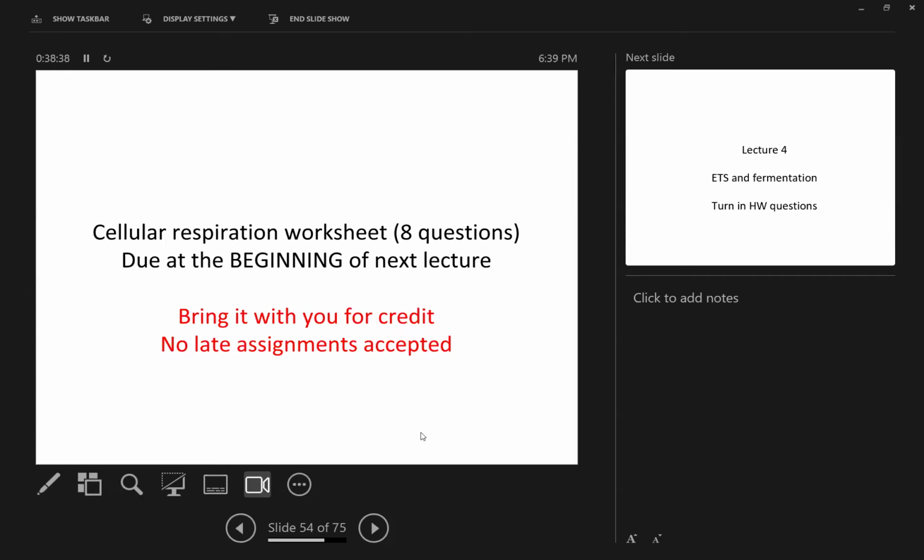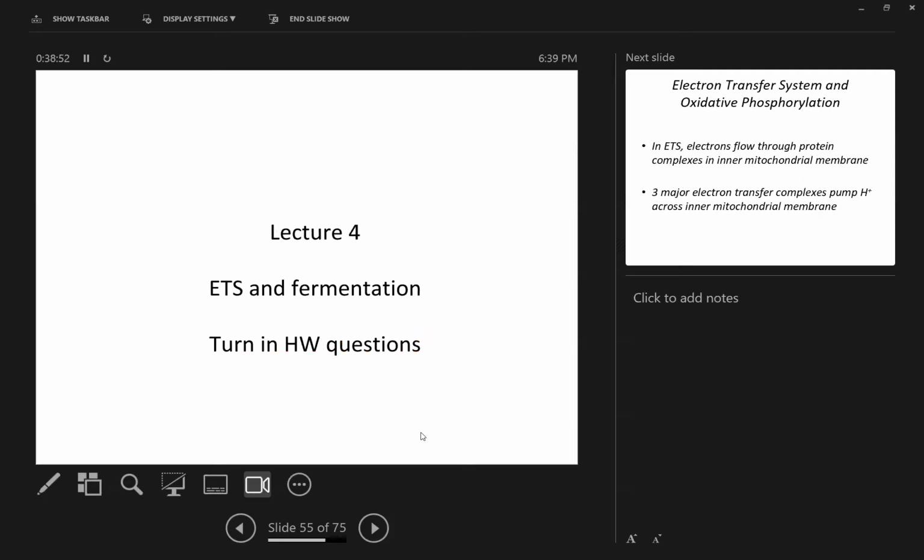All right, the last three we will do after we go over electron transport and the rest of aerobic cellular respiration, which is lecture 4. In the packet I gave you with the questions, I gave you a beautiful drawing of the mitochondria. We're going to need this for the last part, because a lot of these slides are just words, but I want you to be able to see the inner membrane and all of these proteins that are embedded in it.